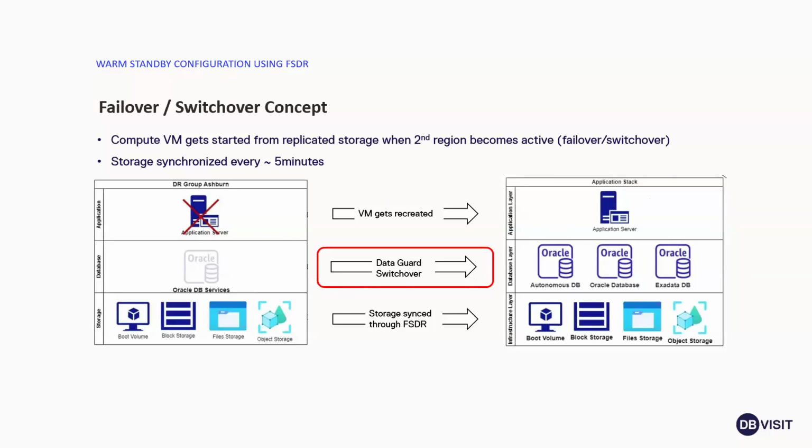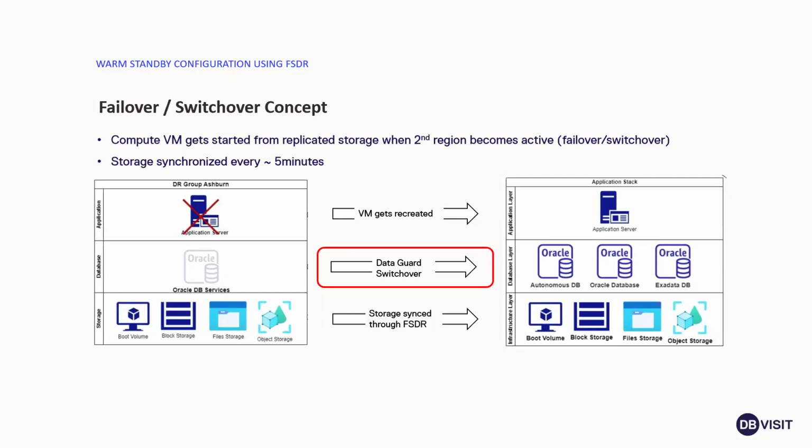This is for your Enterprise Edition. And your boot volumes, block storage, file storage, and object storage are constantly synced with your standby site as well. So you create 2 DR protection groups, one for your production and one for your standby, that is one in your Ashburn region and another in your Phoenix region in this example, and the underlying storage is all synced.